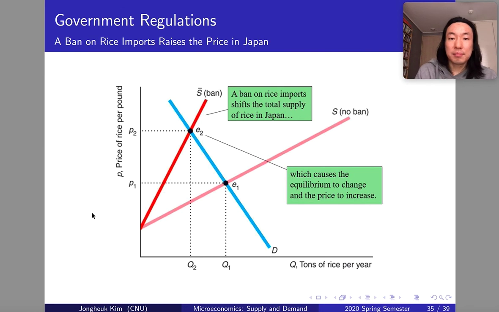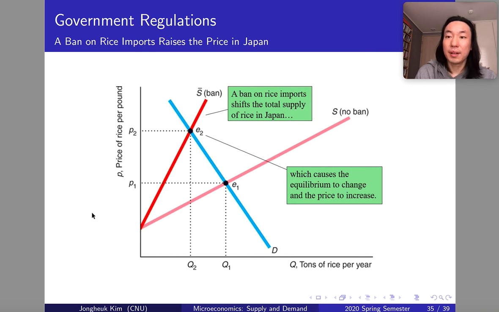So this is kind of an import trade example, which will be pretty helpful for us. We have two different supply curves. If the government does not intervene in this trade market, then there will be more supply, which is represented by the S with parentheses no ban.